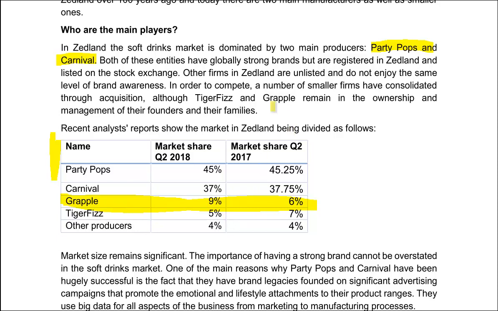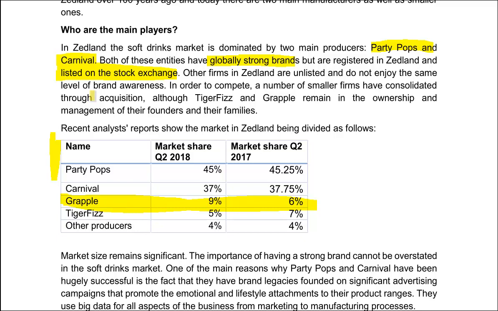So, importantly, it says they are globally strong brands, that's Party Pops and Carnival, registered in Zedland and listed. So, the reason why I think this is important is not only that, listing on a stock exchange is really good for a company, increases the money coming into the business, enables them to do a lot of cool things such as acquire rivals, become bigger.